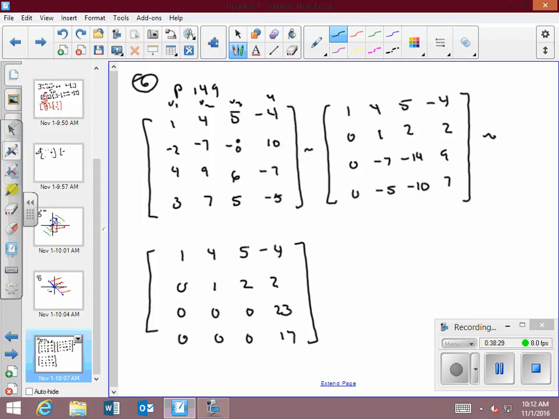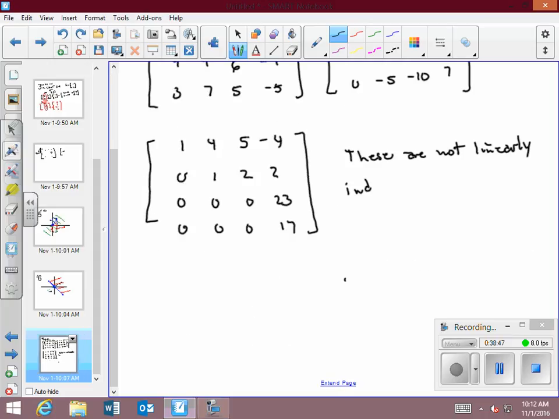Now, these are not linearly independent, right? So they're an inconsistent set of equations. Inconsistent.